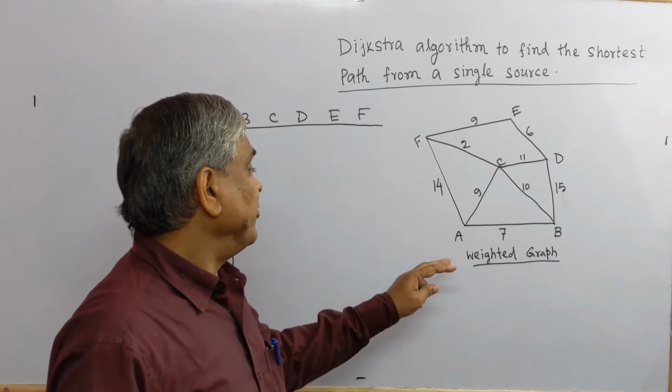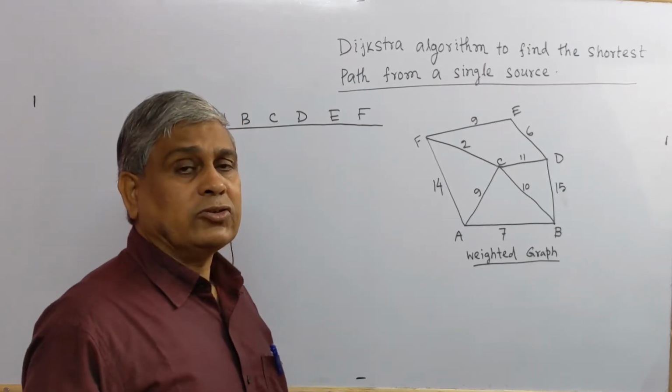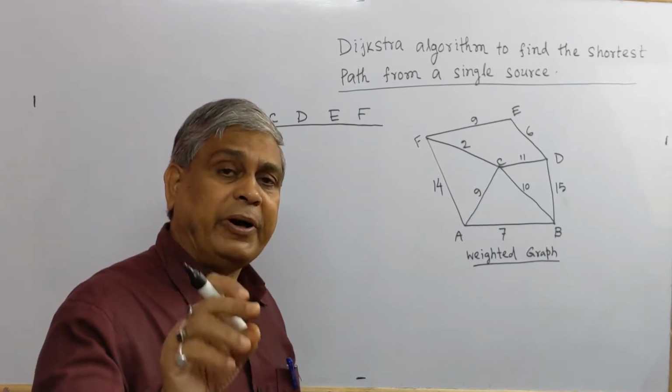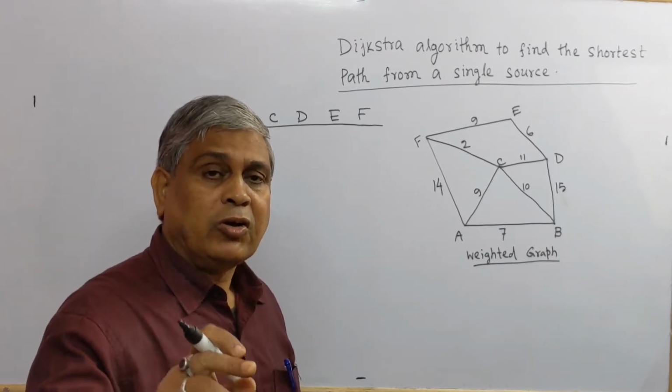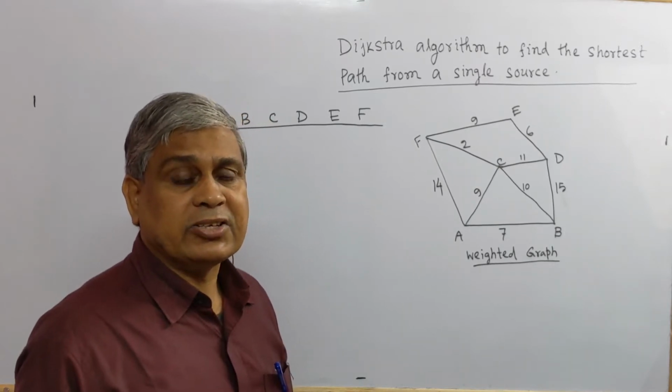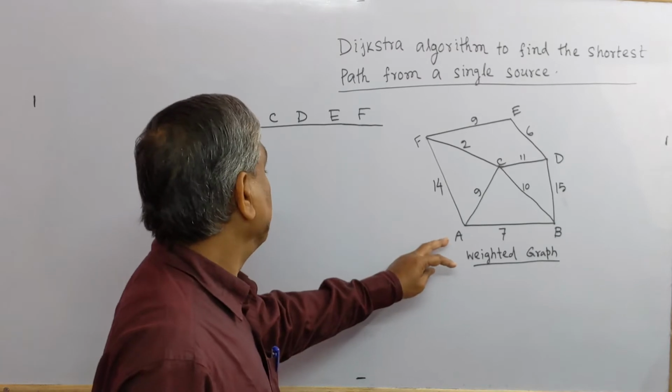Now we find the shortest path of different vertices from a given vertex. The given vertex is known as source.